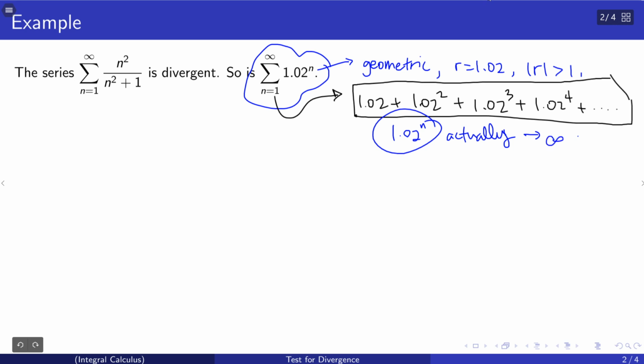But it's still an exponential function where the base is larger than 1. So as you keep adding more terms to your series, you're not going to approach a specific number, because the terms you're adding are blowing up individually. So there's no way that this can converge.